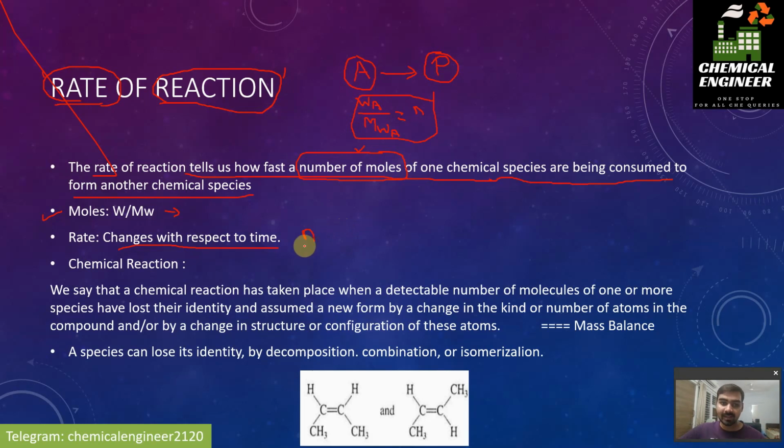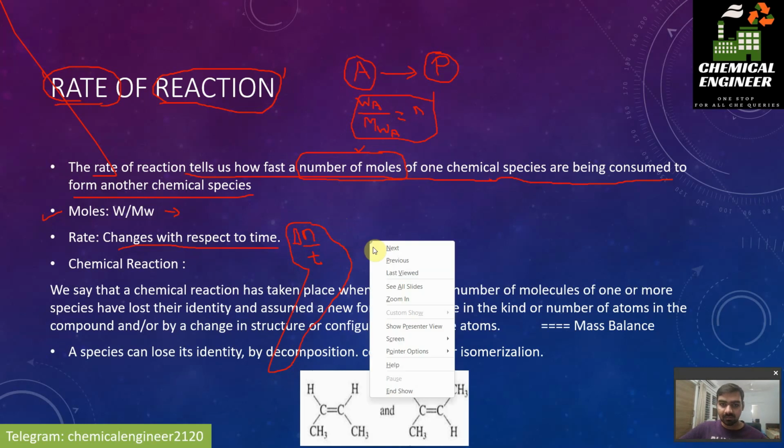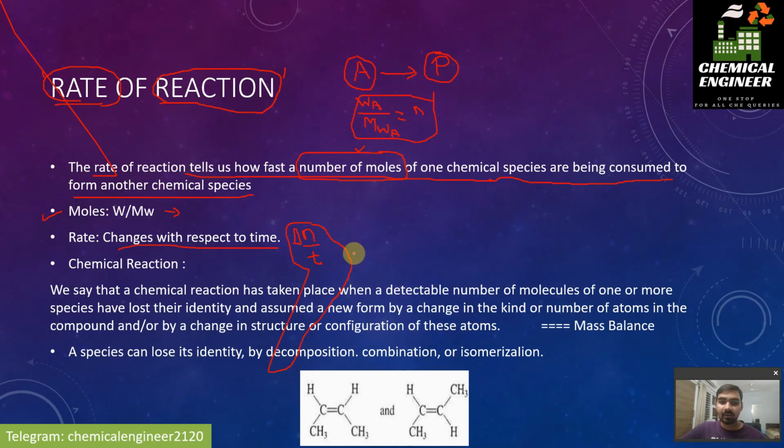We define it as number of moles divided by time. If we want to express change, we write delta n by t, where t is the time. So this is all about rate.